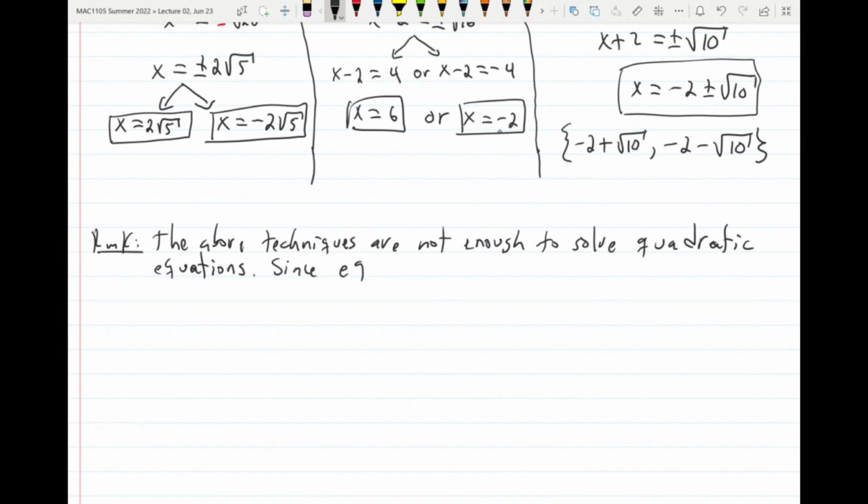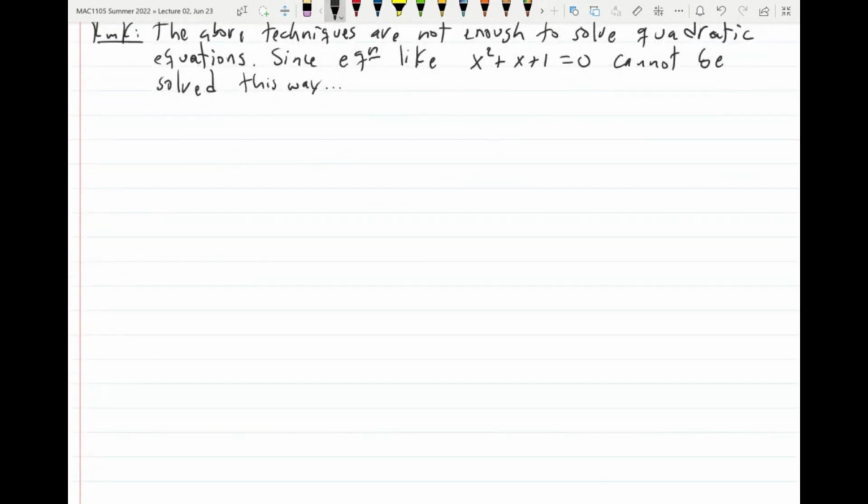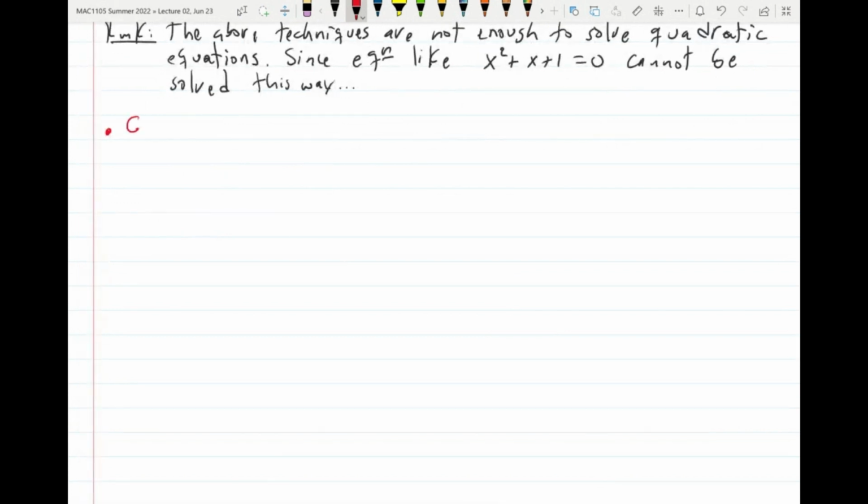Since equations like, let's say, x squared plus x plus 1 equals 0 cannot be solved this way. Okay, so we need something more. So let's discuss that. What do we need? The method that works all the time is what we call completing the square.